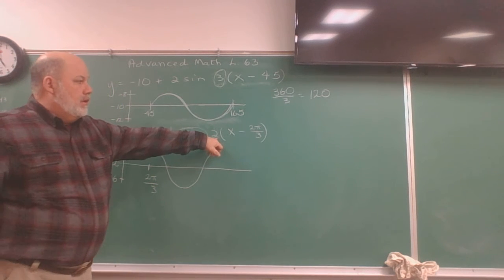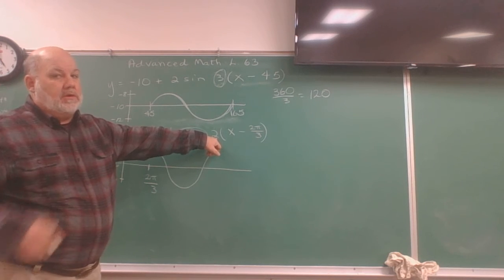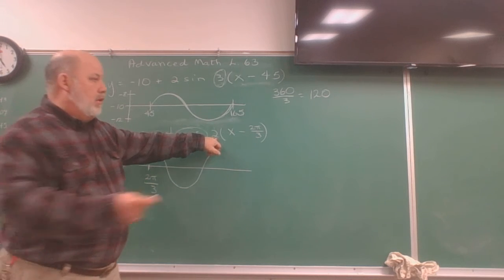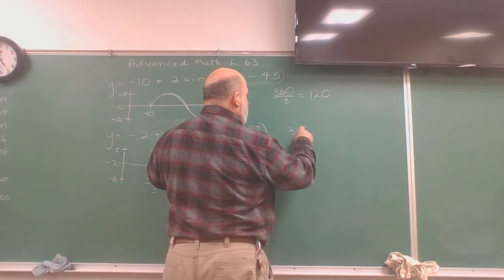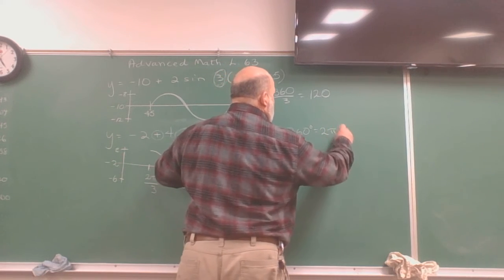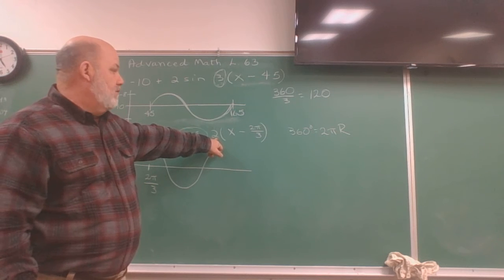This 2 tells me I get 2 complete cosine waves, 2 complete cycles in 360 degrees, or from the back of your cheat sheet, you know that 360 degrees is the same as 2 pi radians.